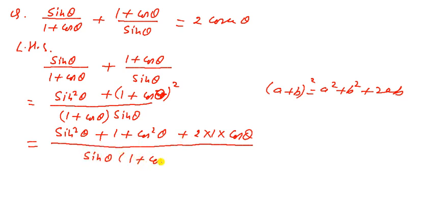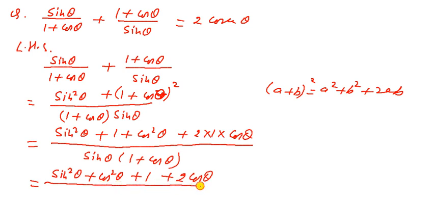Now in the downwards, there is only sin theta and (1 plus cos theta). Now this sin square theta and cos square theta take at one place. So sin square theta plus cos square theta plus 1 plus 2 cos theta, and here is sin theta and (1 plus cos theta).